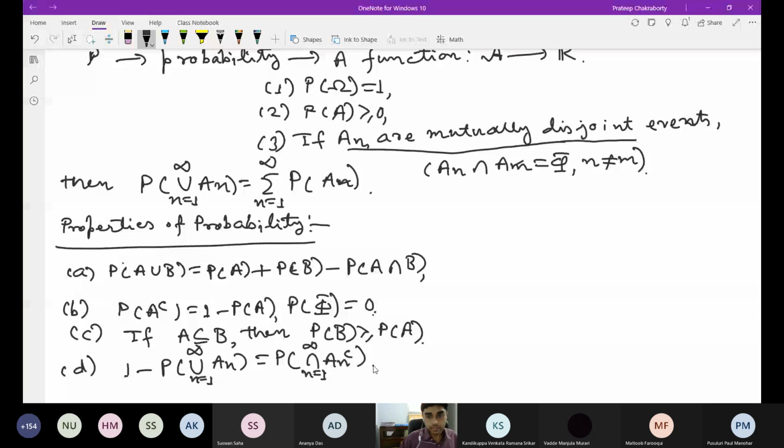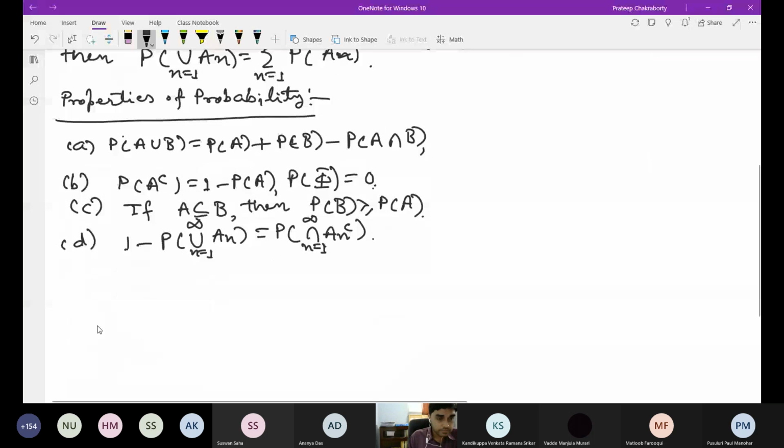And then comes P(A union B) is less than or equal to P(A) plus P(B). So these properties we saw in the last class.